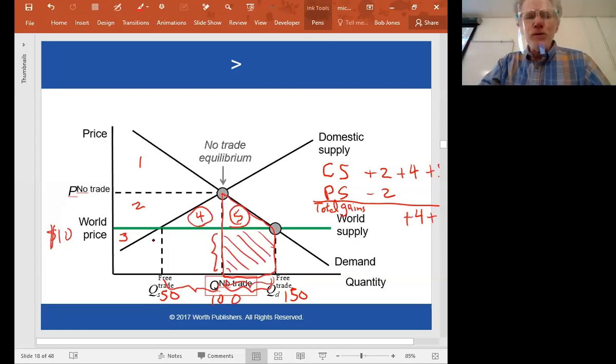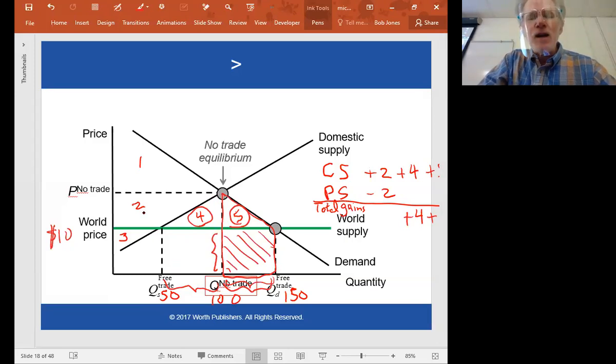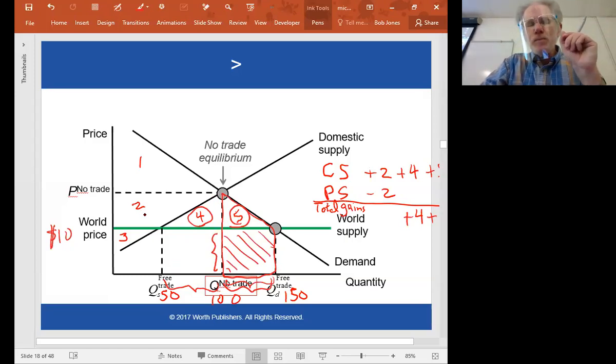the cost of producing that 50 million when it was produced by American companies would be represented by the area under the supply curve. Now that we can purchase that 50 million at a cost of only $10, the cost of producing this 50 million is no longer this huge area here under the supply curve.